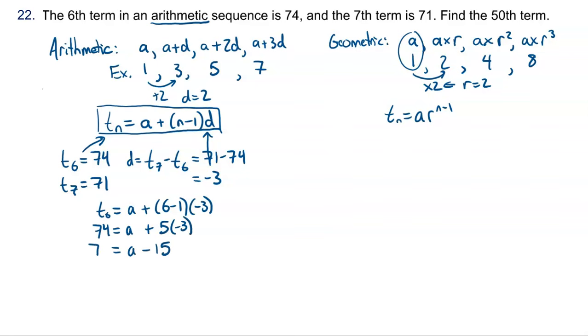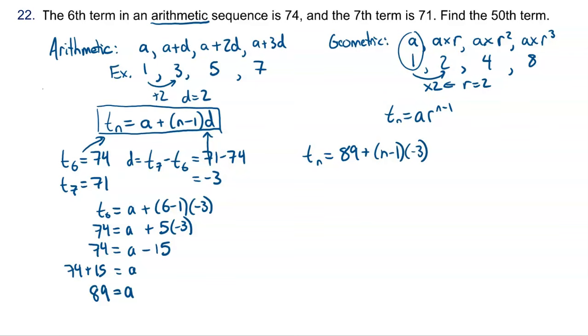Well, that's just a minus 15, that's equal to 74. And so if we add 15 to both sides, we can solve that for a, and we get that a is equal to 89. And so from there, now we go ahead and we revisit the Tn equals a plus n minus 1 times d, but we can substitute in the a and the d value now. So the a is 89, and the d value is negative 3.